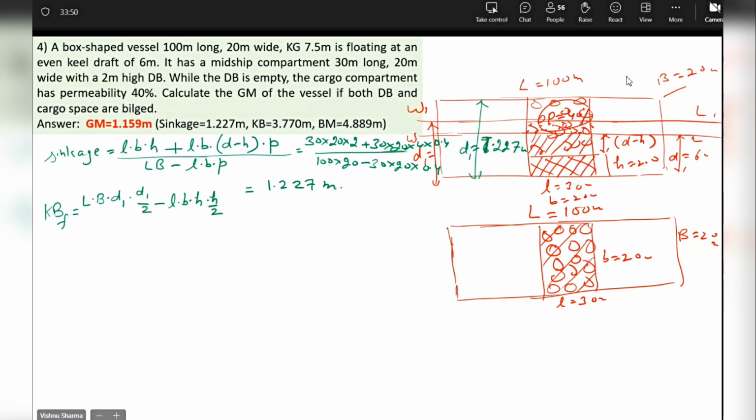Yes or no? Sir, instructor, everything is clear, sir. Why you remove that one, sir? What did I remove? Why you are going to minus this, sir? How did we calculate KB yesterday? By moments. Yes, sir. But this area also big, na, sir?